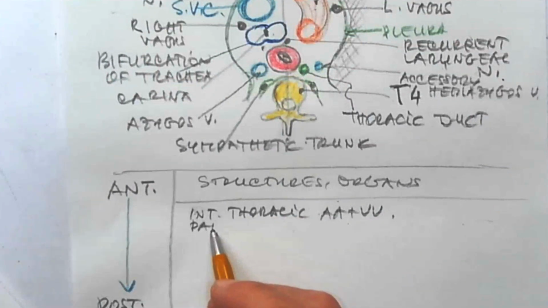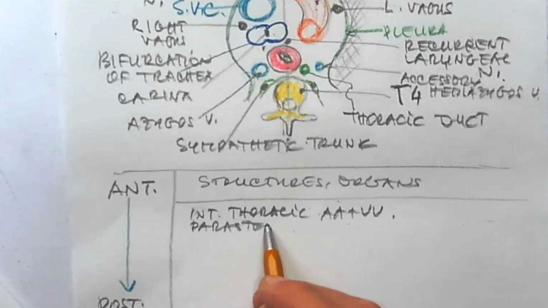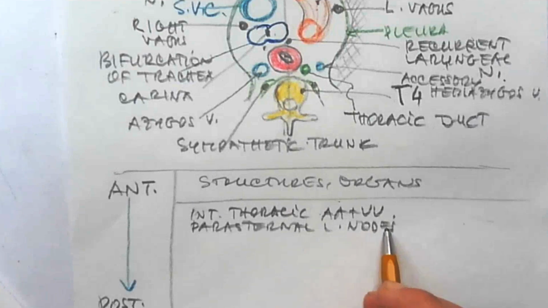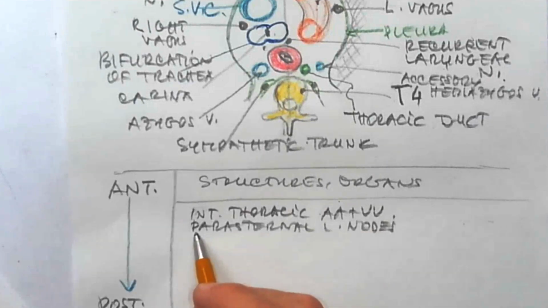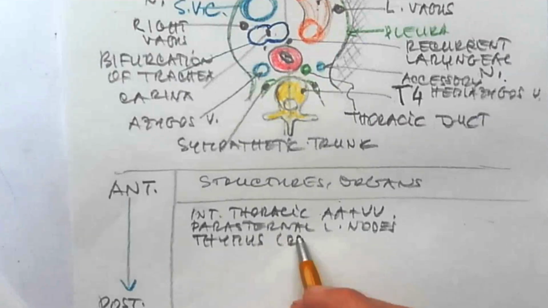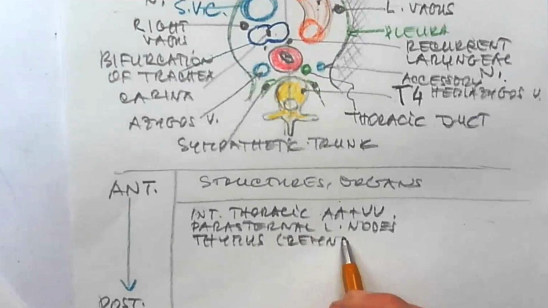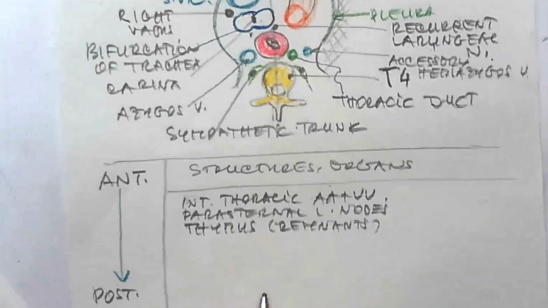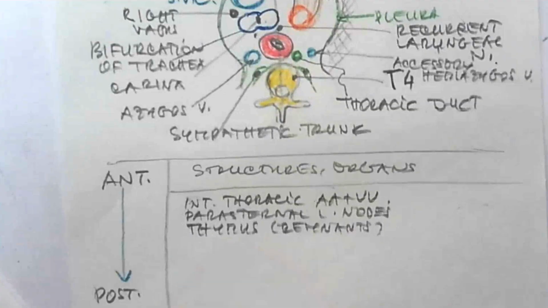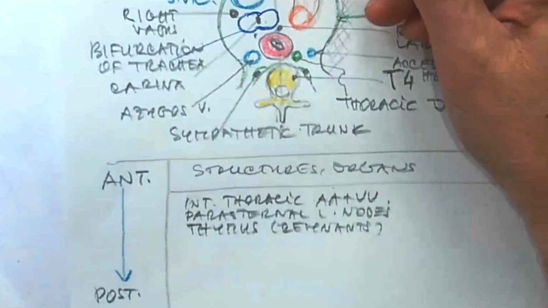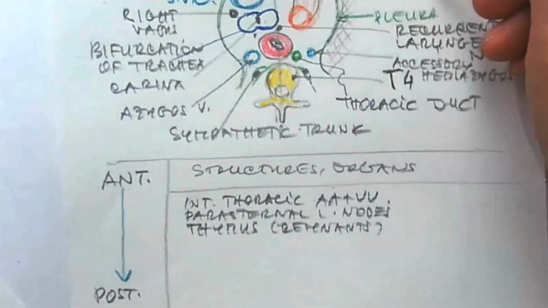Then follow the parasternal lymph nodes, and immediately also the thymus or its remnants, yes, good. Then the pericardium is not drawn here, but the vessels descend laterally on the pleura.